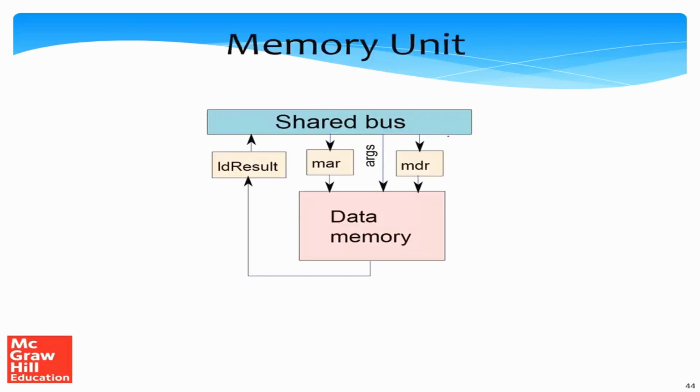Alright, now let's go to the MA stage, the memory unit. The memory unit does something very similar. Following the same line of thought, we add micro registers to the data memory. So we add a memory data register, MDR.